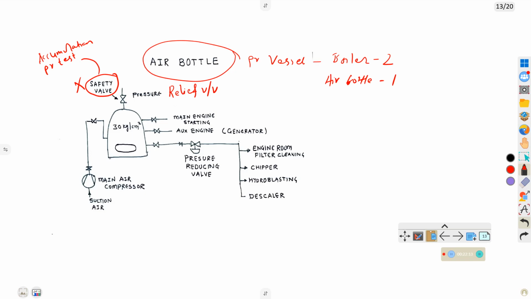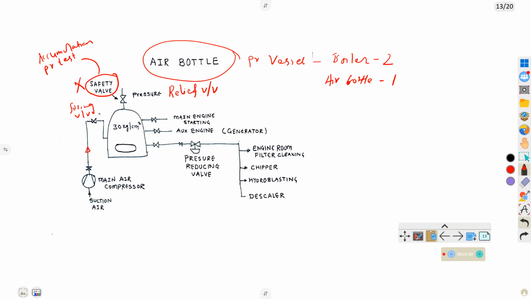What is this air pressure? How is this air bottle filled? The air bottle is filled by the main air compressor. This is the filling valve. In your exam, they ask the question: what is the first thing to be done?